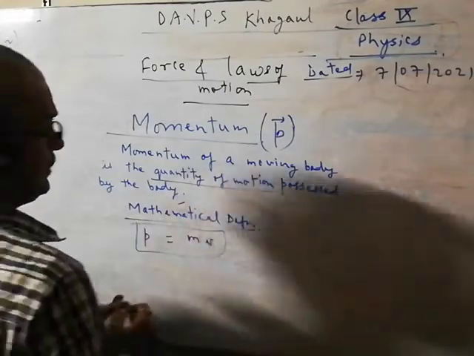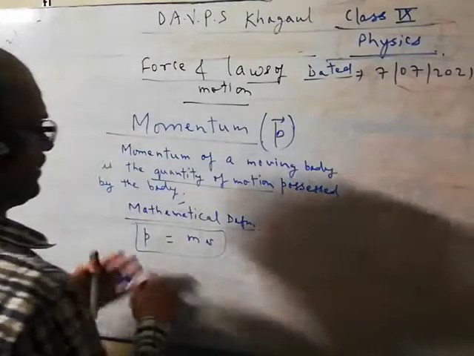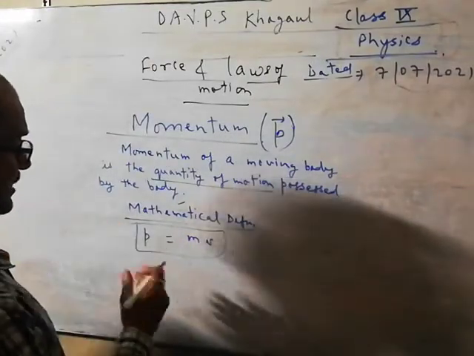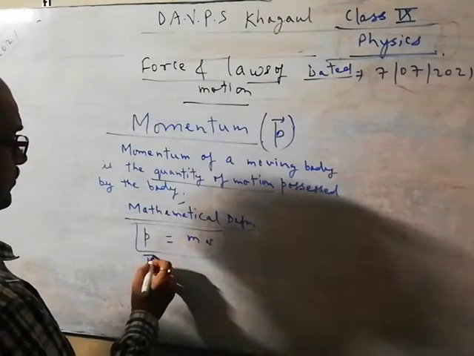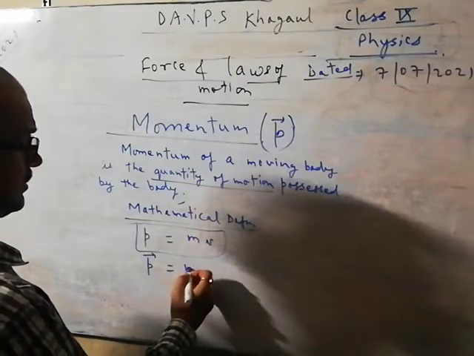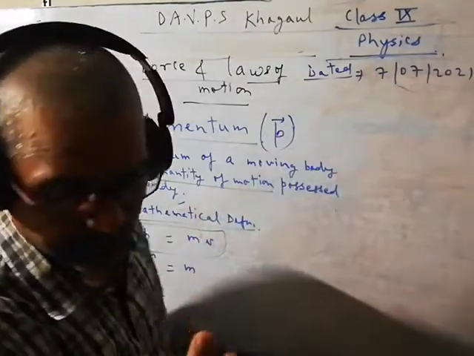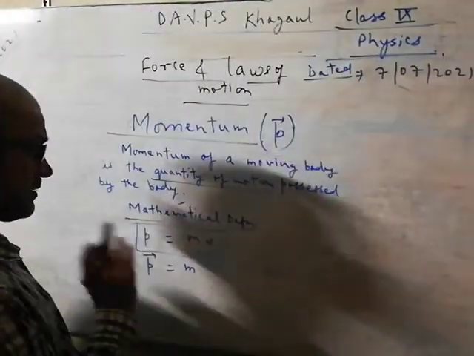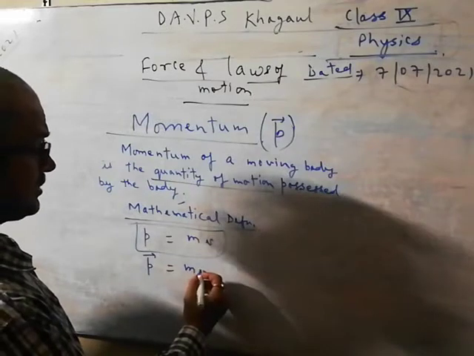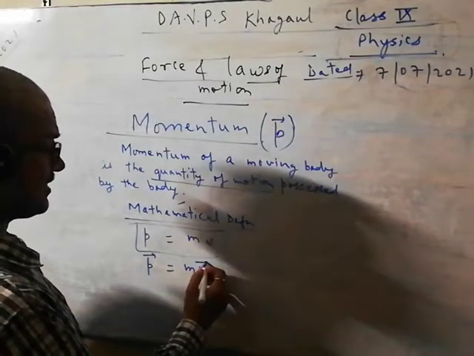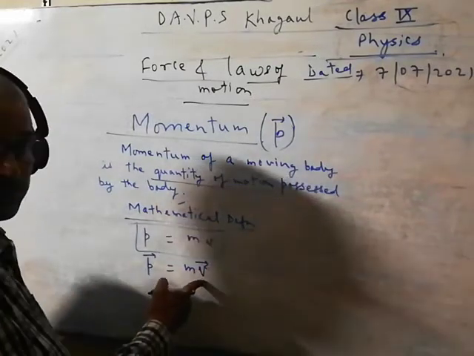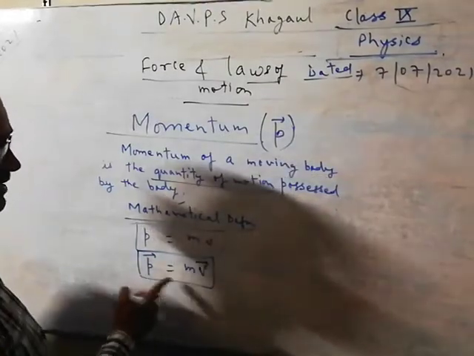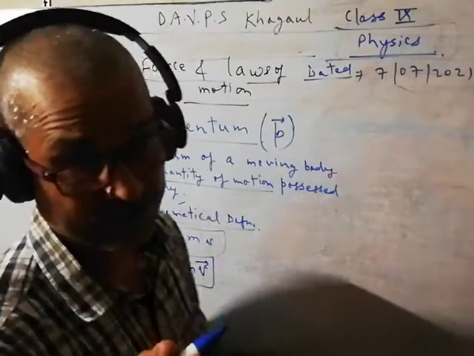If you are writing in vector notation, then we put a vector sign here. You know, I have given the idea of what vector quantities are. So momentum is a vector quantity because it is the product of mass and velocity, which is a vector. So the direction of momentum is in the direction of velocity first.